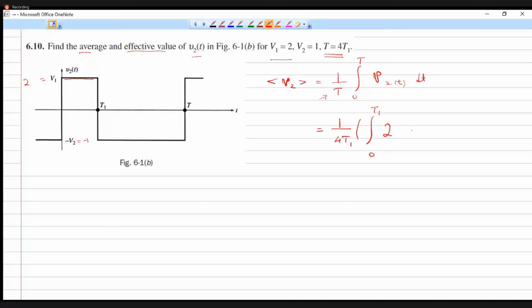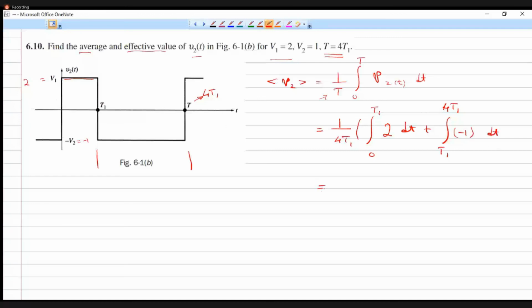So it is integral of 2 dt plus integral T1 to T, here T is equal to 4 T1. So this should be integral of T1 to 4 T1, and the value of this function is minus 1. Minus 1 dt.